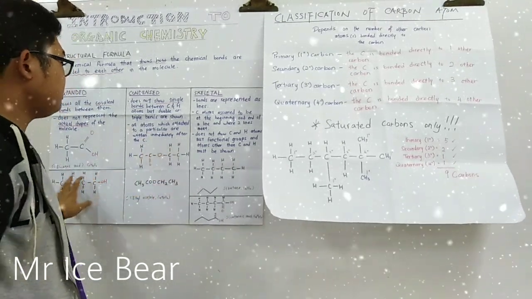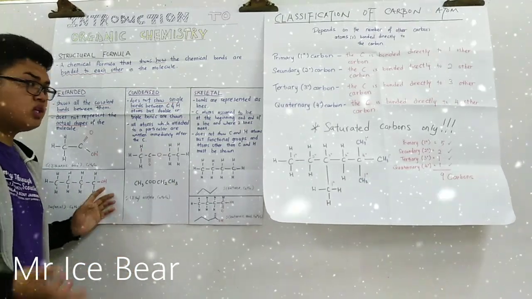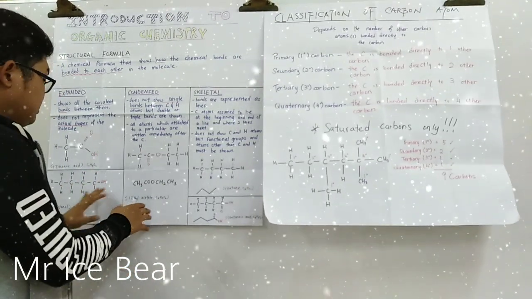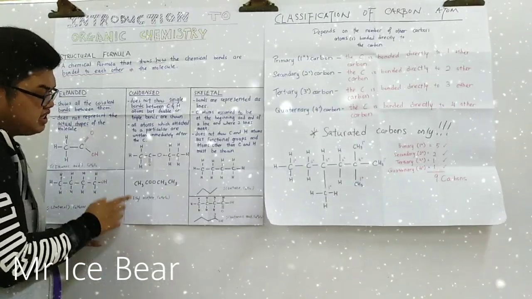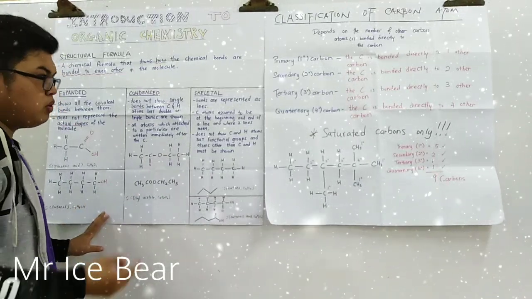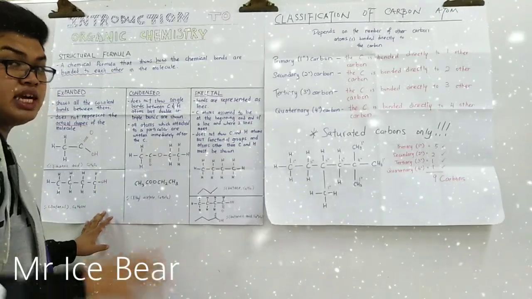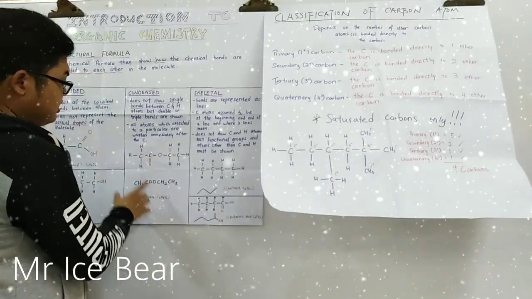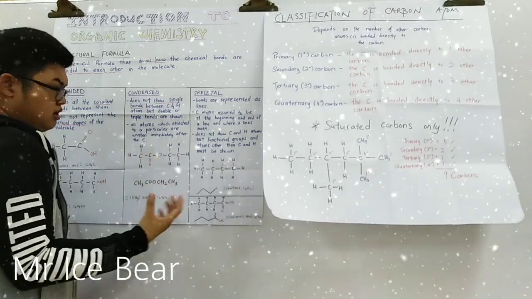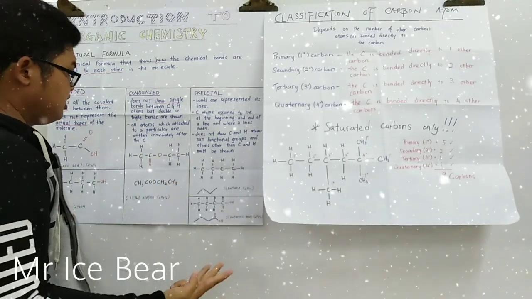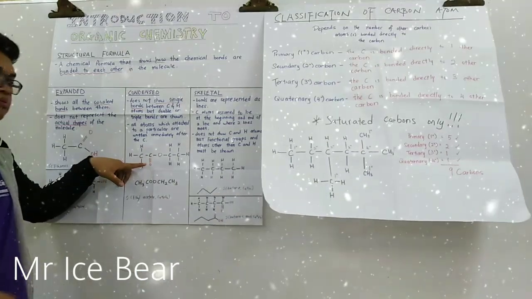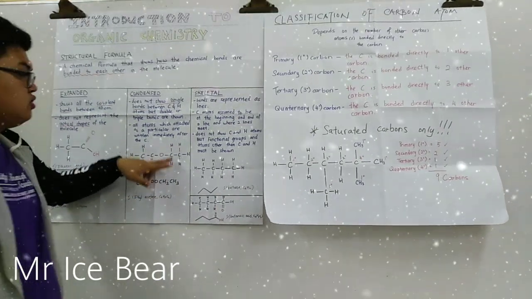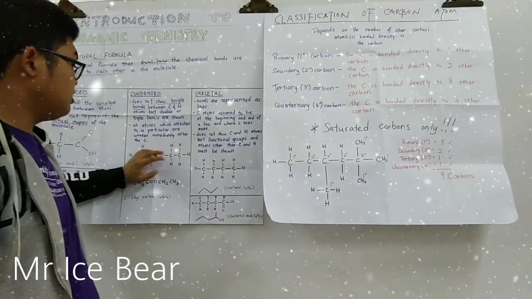So how do you draw a condensed structure? Since this molecule is C4H8O2, you expand it first. That is the first step, so you can identify everything. First, a carbon attached with 3 hydrogens. Next, another carbon attached with a double-bonded oxygen, then another oxygen, then CH2CH3.